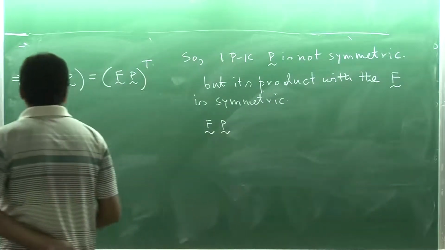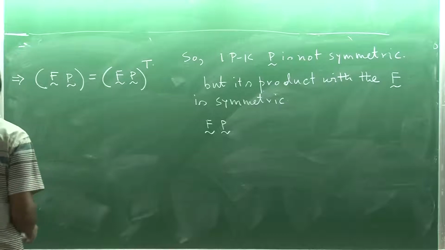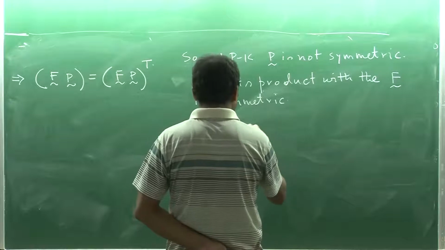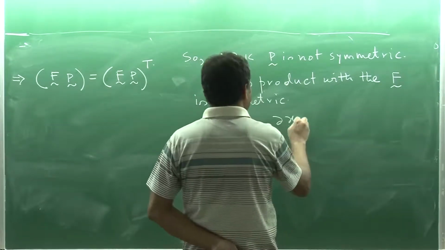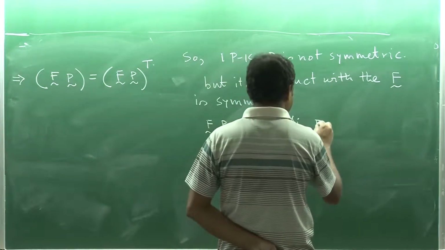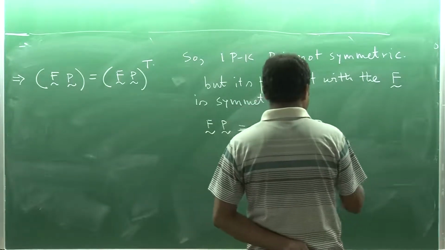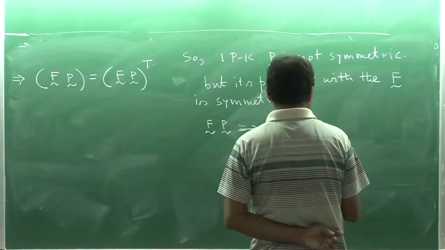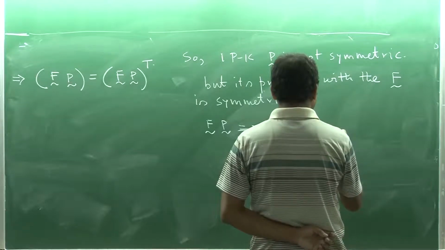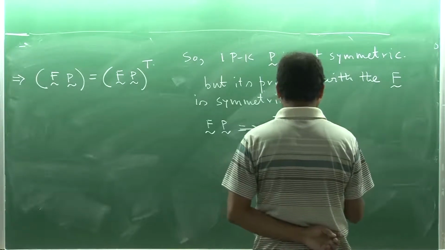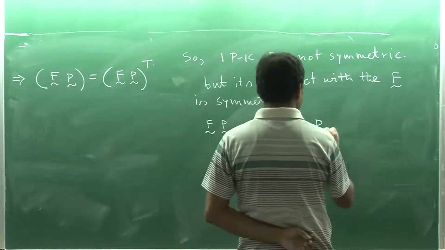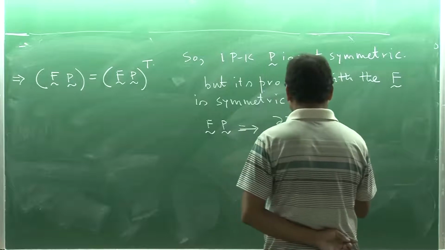When we write P F, in terms of indicial notation, we write del x i by del capital X j, and then P, with j being a repeated index.